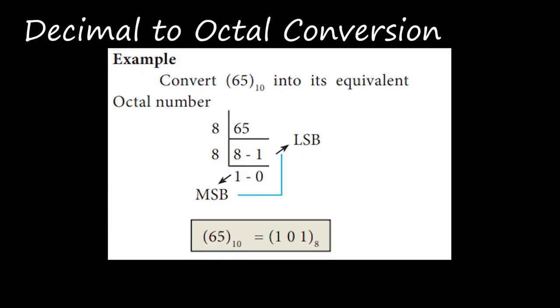Let's see an example. The same 65 is considered here. 65 will be divided by 8. 8 times 8 is 64, so one balance will be there. When 65 is divided by 8, we get 8 and the remainder is 1. So 8 hyphen 1. Again, when 8 is divided by 8, the answer is 1 and the remainder is 0.